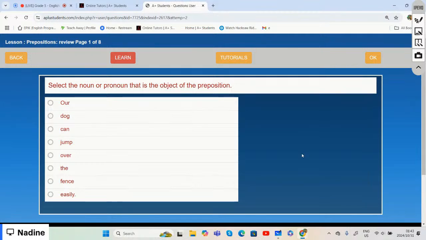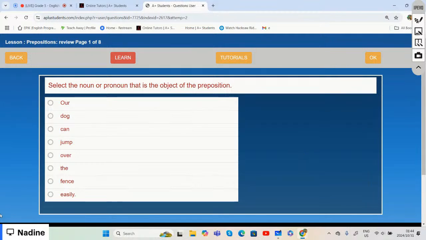It is the noun or noun phrase that comes after the preposition.